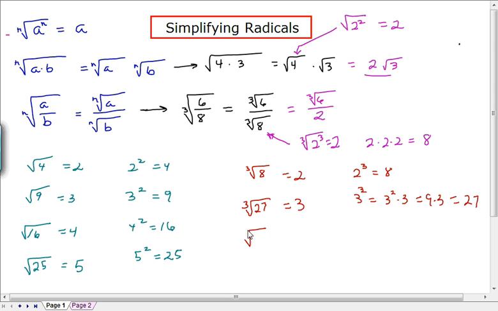One more. The cubed root of what is 4? Well, 4 cubed is 16 times 4, which is 64.